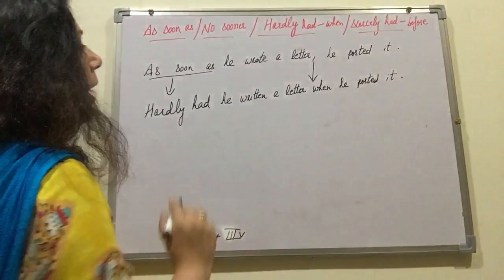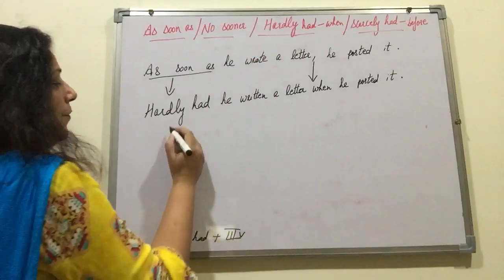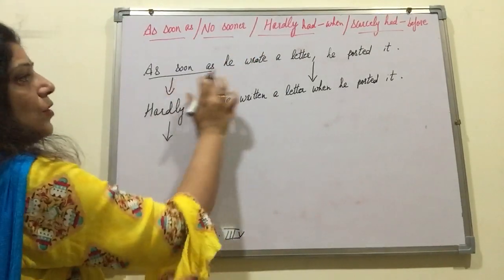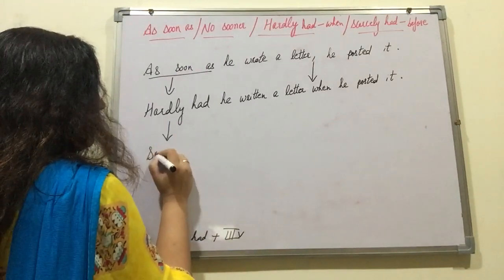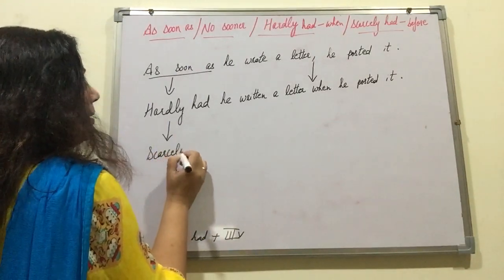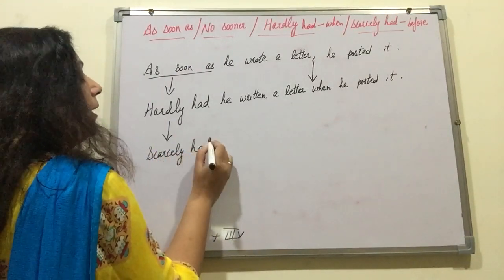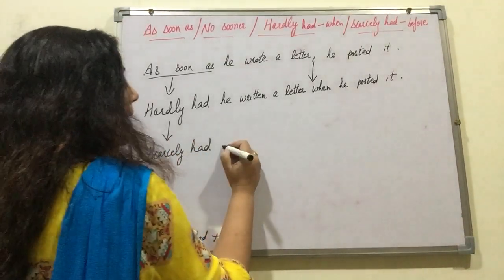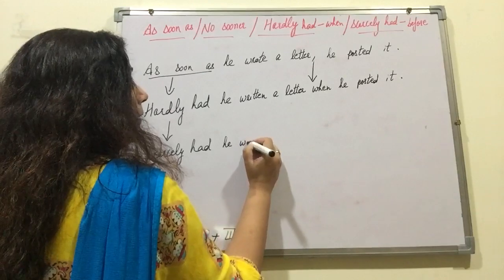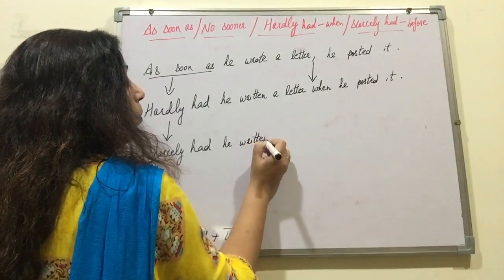Right? Now, the same sentence, if you are asked to change into scarcely: as soon as he wrote a letter, he posted it. Scarcely had. Again the same, two words remain the same. Scarcely had he written. Why written?